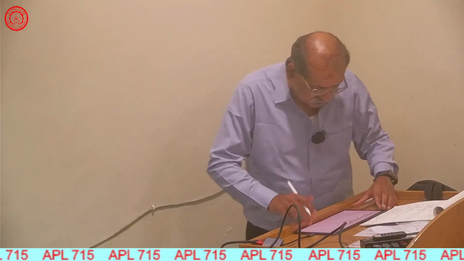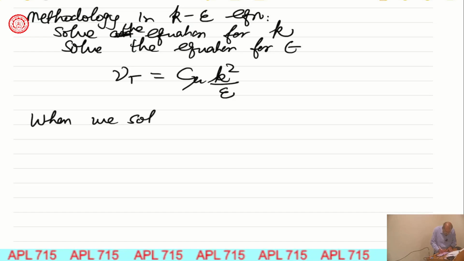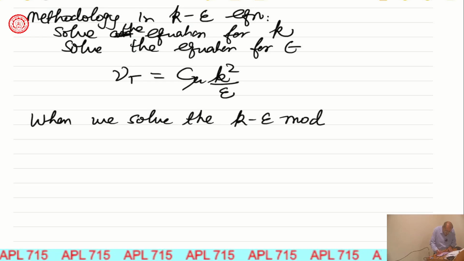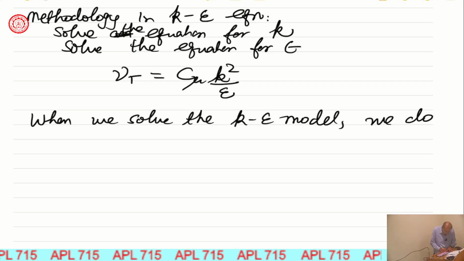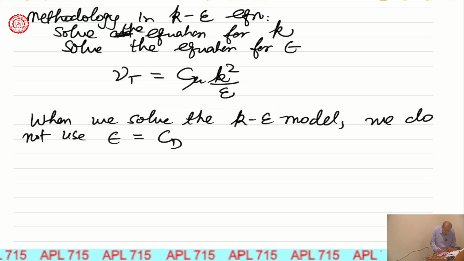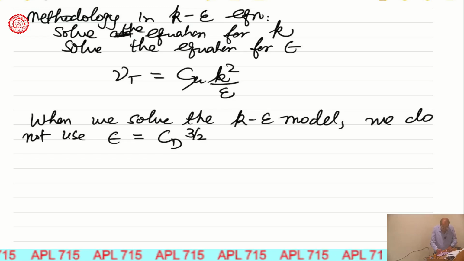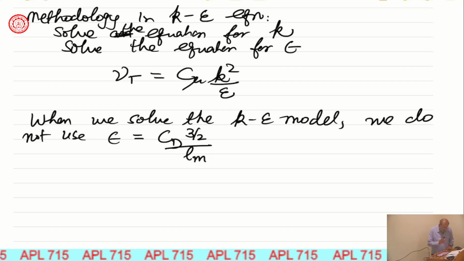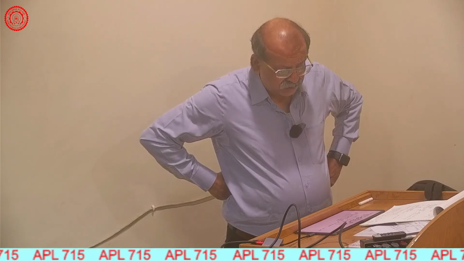So let's write this down. So when we solve the k epsilon model, we do not use epsilon is equal to CD times k to the power of 3/2 upon L. I have written this here by multiplying LM in both places, k to the power of 3/2. Okay.